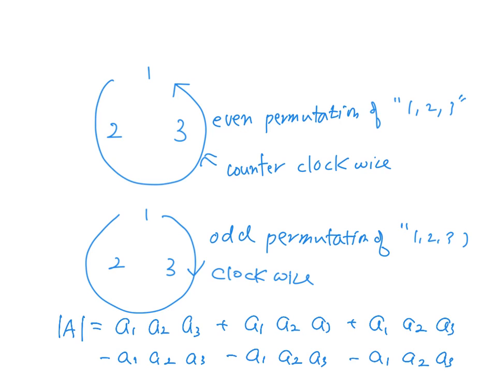So we need to fill in the second indices without actually calculating the determinant, because we figured out that if the second indices are arranged into an even permutation, it gives a positive sign; if arranged into an odd permutation, it gives a negative sign, right? So let's figure out.